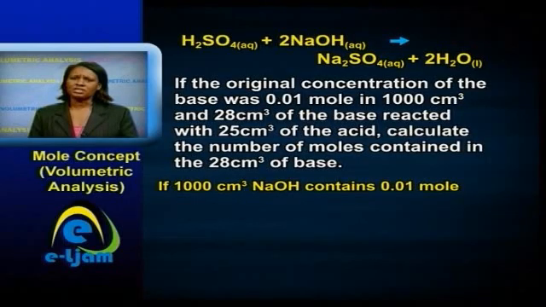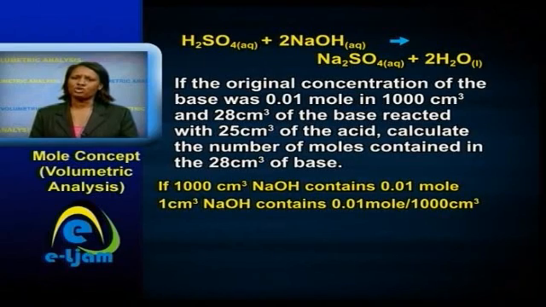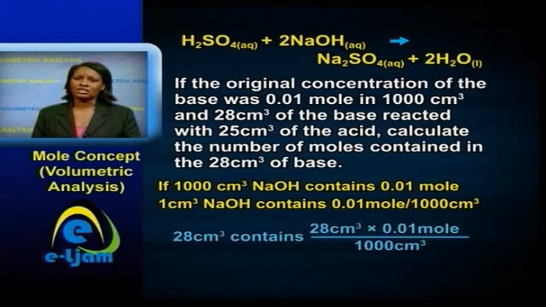If 1000 cm³ of sodium hydroxide contains 0.01 moles, then 1 cm³ of NaOH contains 0.01 moles divided by 1000 cm³. Therefore, 28 cm³ will contain 28 cm³ times 0.01 moles divided by 1000 cm³ of NaOH.